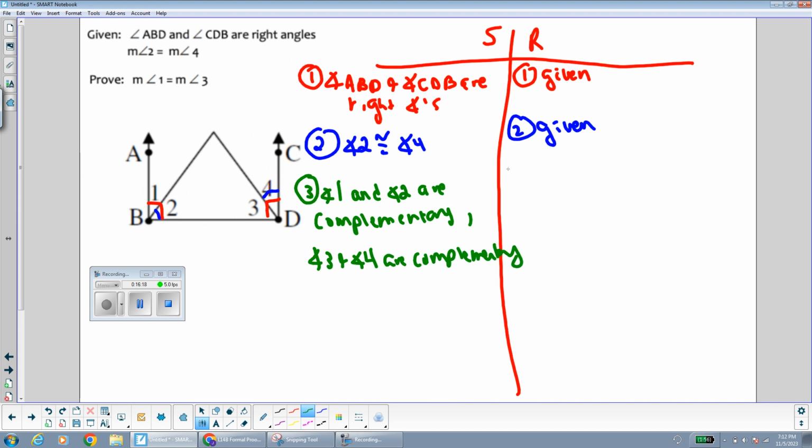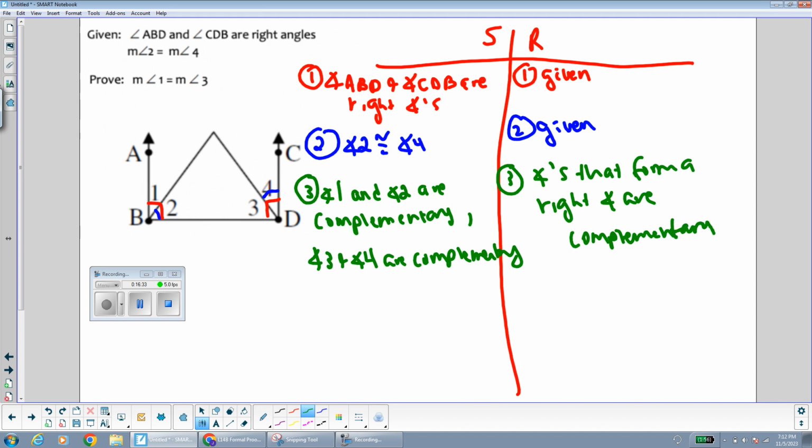And I know this because angles that form a right angle or 90 degrees are complementary. That's the definition of complementary angles, that they together make a right angle. And now I'm all ready to prove my proof statement.